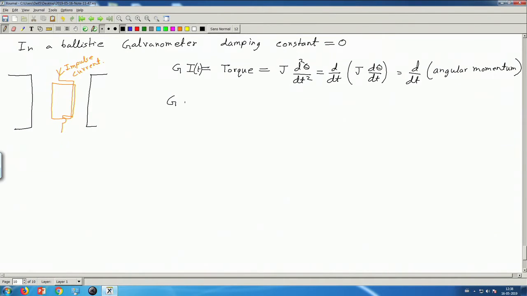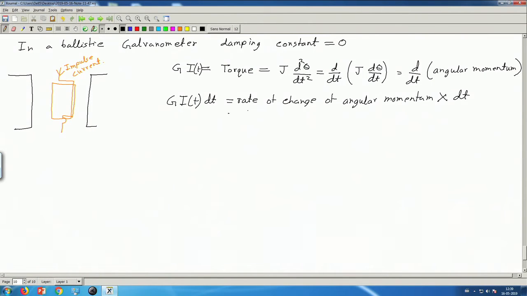Therefore, if we multiply this with the time dt, then we will have the rate of change of angular momentum multiplied by dt.